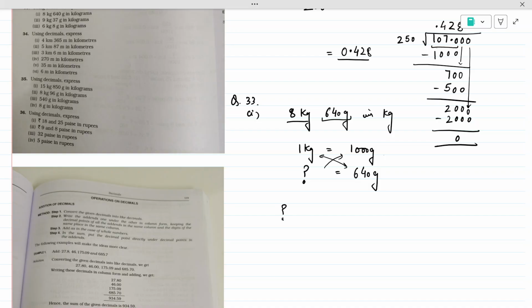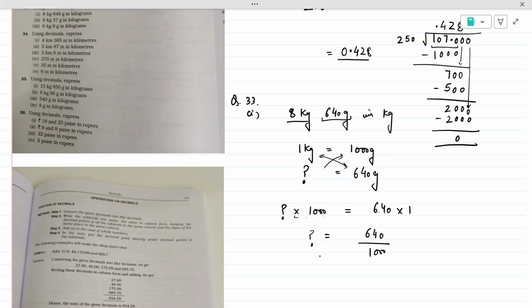That means this question mark divided by 1000 is equal to 640 multiplied by 1. Okay, the multiplication of these two. And now this question mark is as is, 640 into 1 is 640 only, right? And this is multiplication here. When I move it across the equal sign, this will come as division.